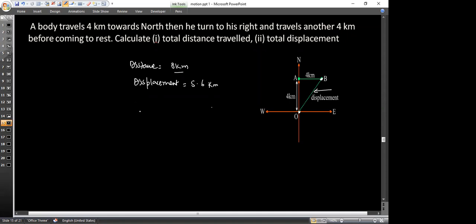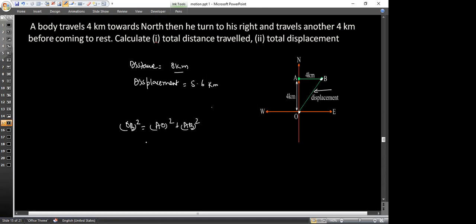So if we have to find out the displacement, this one is the hypotenuse. So displacement square will be equivalent to, you can write it this way, OB square will be equivalent to AO square plus AB square.